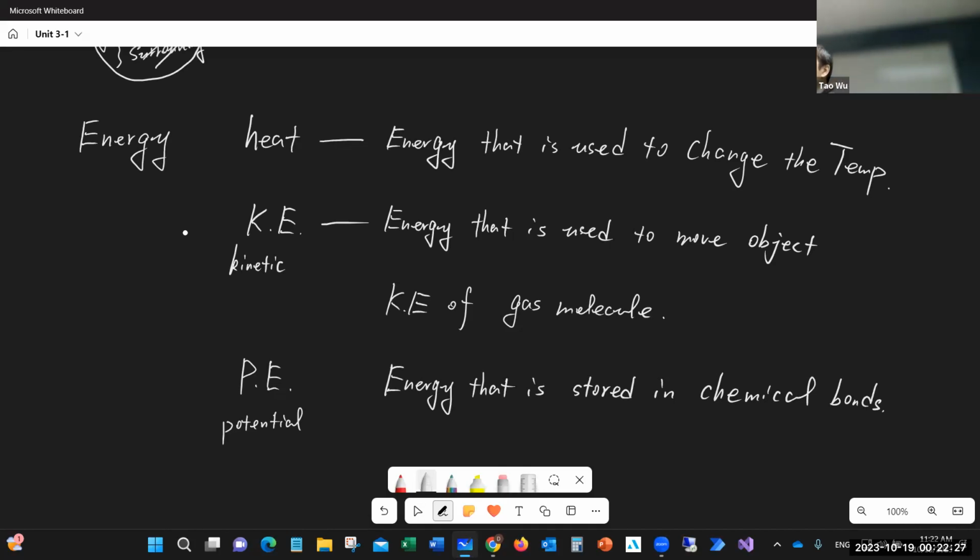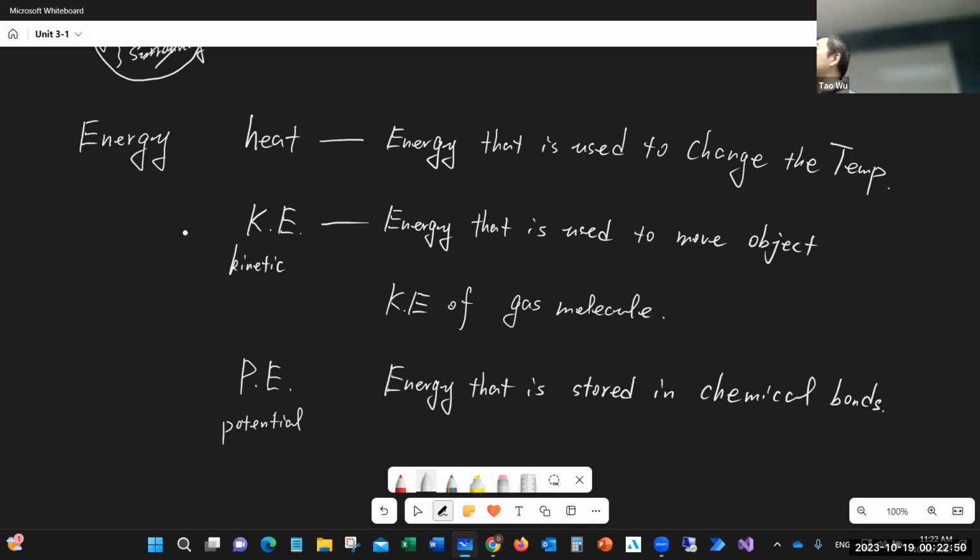That is why you can use fossil fuel, fossil energy, and burn it. When it gets burned, the chemical reactions make the molecules re-bond together, reorganizing their structures.